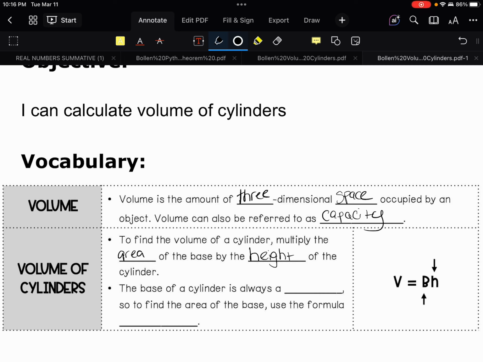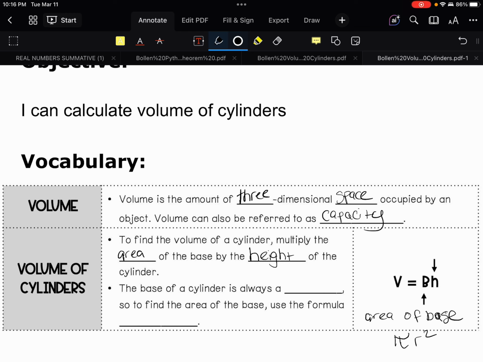So B is the area of the base. Well, when we talk about the area of the base, what is the formula for the area of the base of a cylinder? That is the area of a circle, which is pi r squared.